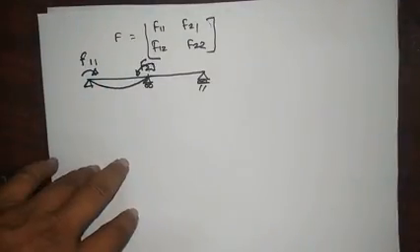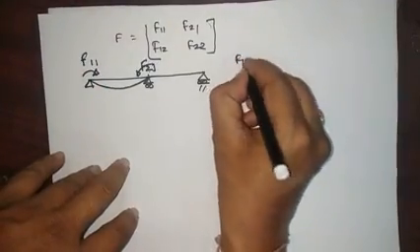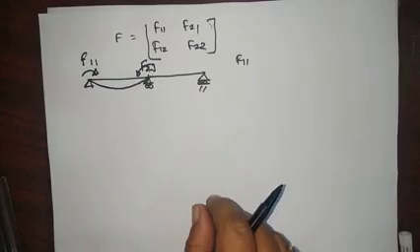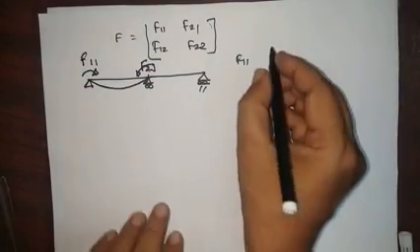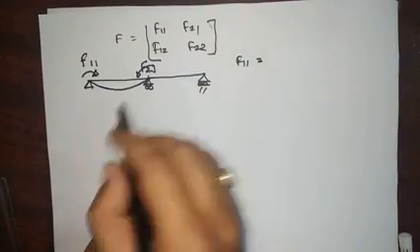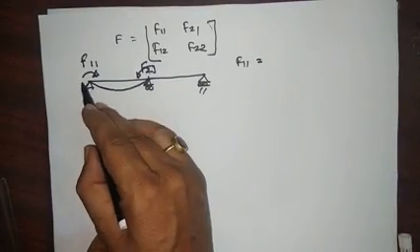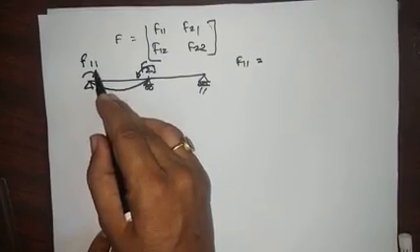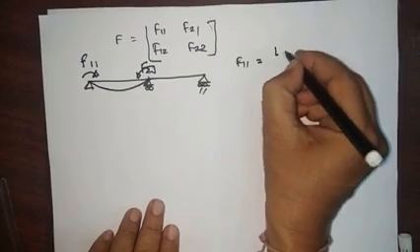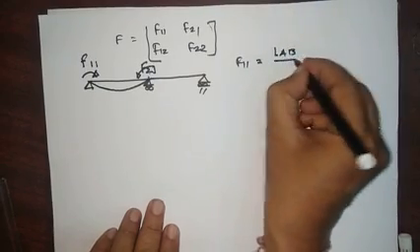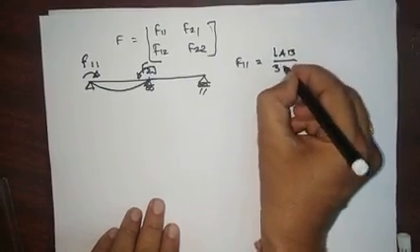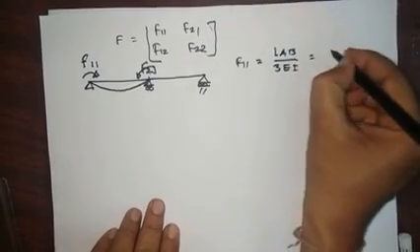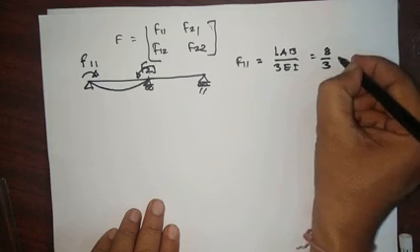So first we develop F11. Now F11, that is the rotation at 1 due to the application of the rotation at 1, is L_AB upon 3EI, that is 8 by 3EI.